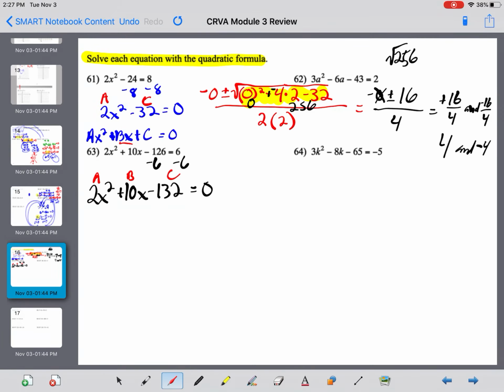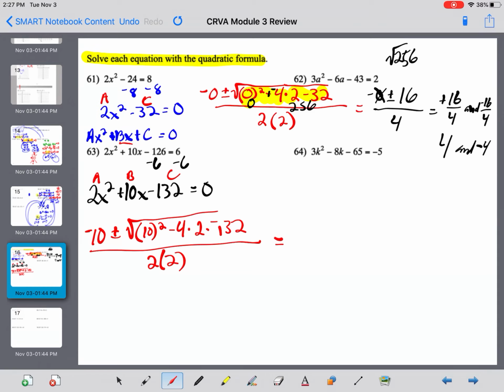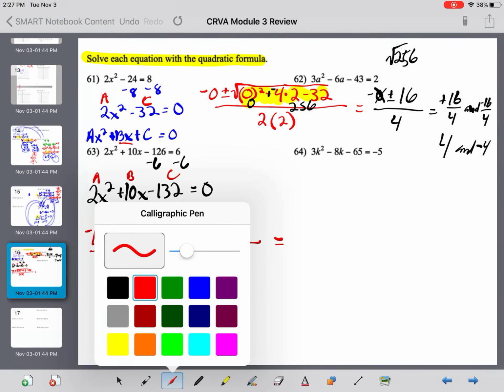We could factor out a 2, but we'll proceed as is. So you get the opposite of b, which is negative 10, plus or minus the square root of b squared minus 4 times a times c, all over 2 times 2.